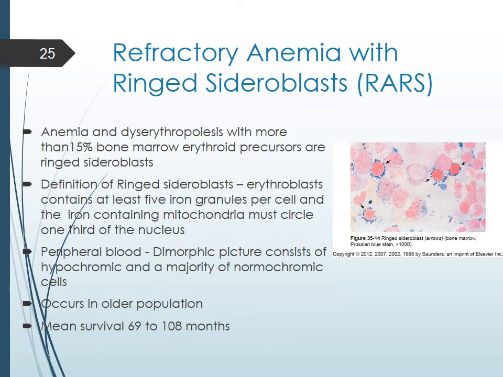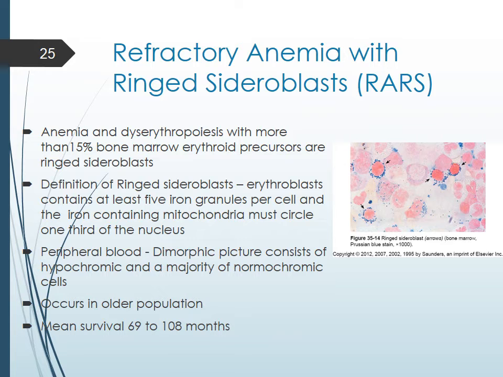You see a diagram of it on the right. To be considered a ringed sideroblast, the erythroid precursor must have 5 or more iron granules per cell. This iron-containing mitochondria must circle at least 1/3 of the nucleus. And you can see the arrows showing that in the blood picture.